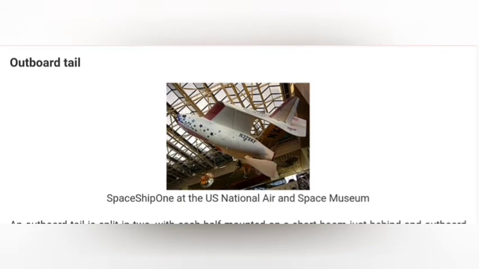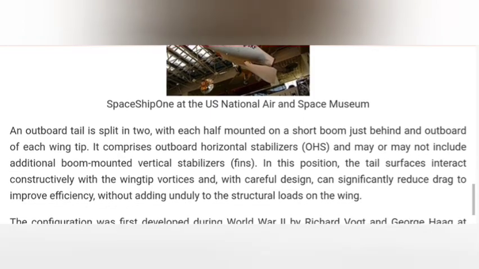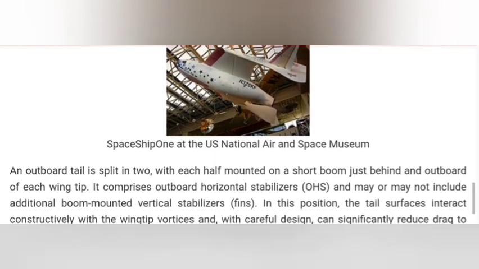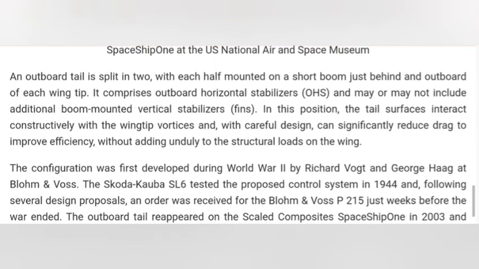Outboard tail. The picture is SpaceShipOne at the US National Air and Space Museum. An outboard tail is split into two, with each half mounted on a short boom just behind and outboard of each wingtip.